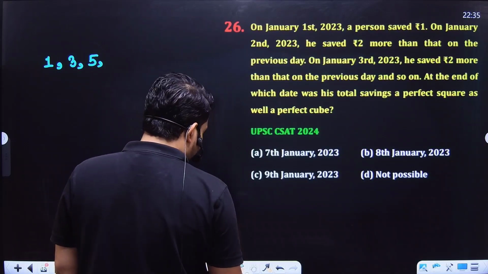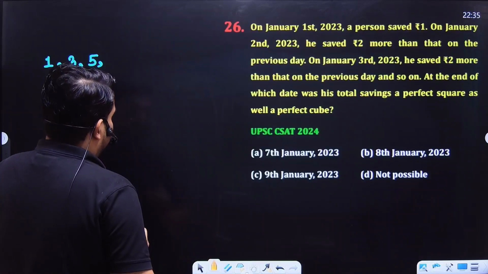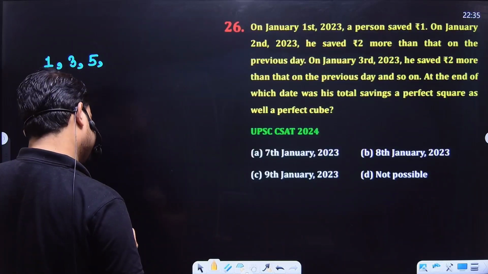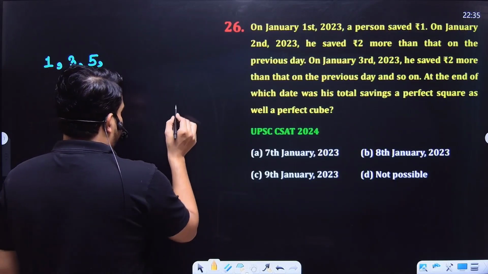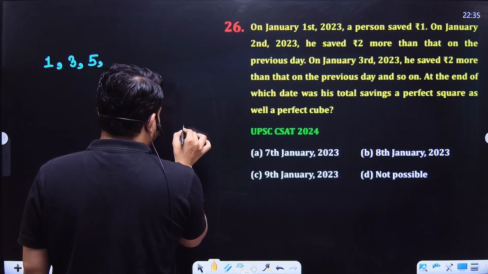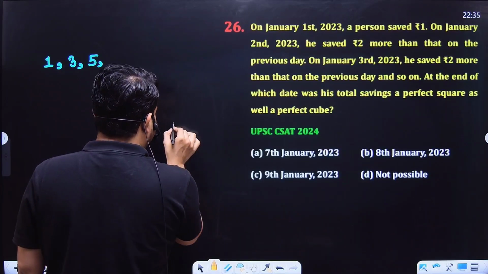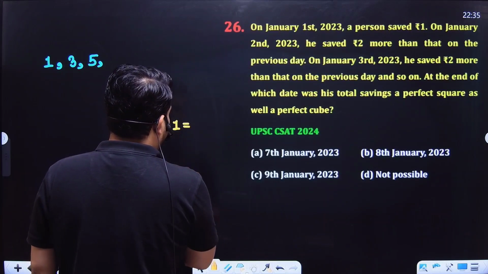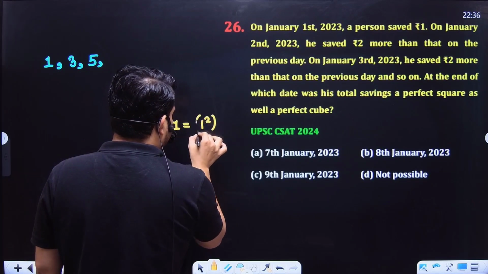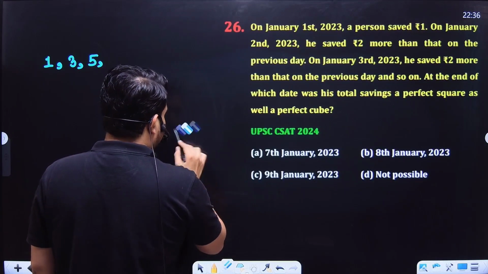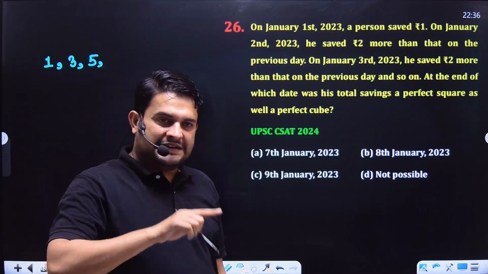See how you will write a perfect square or a perfect cube. 1 is the smallest perfect square and perfect cube. It can be written as 1 square. Next perfect square or perfect cube is 64.